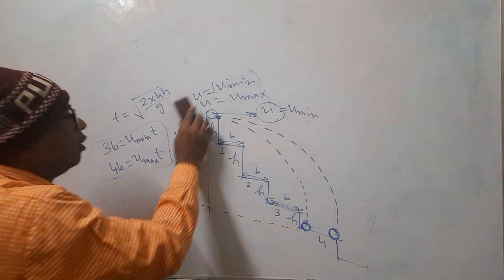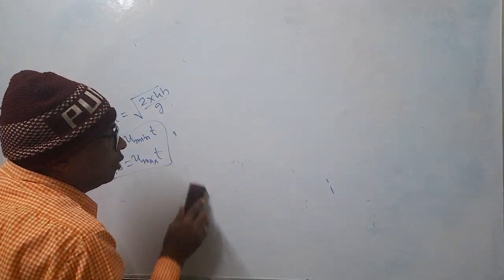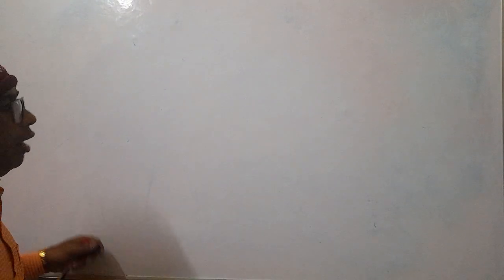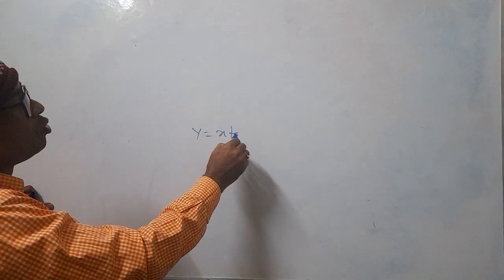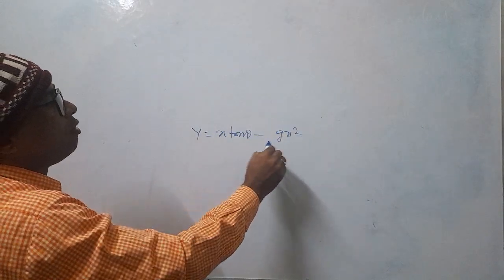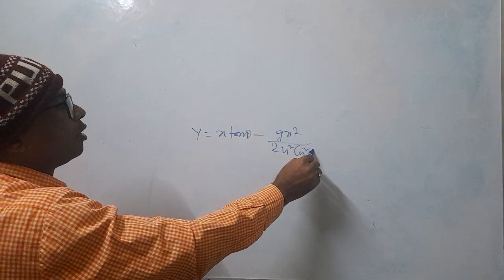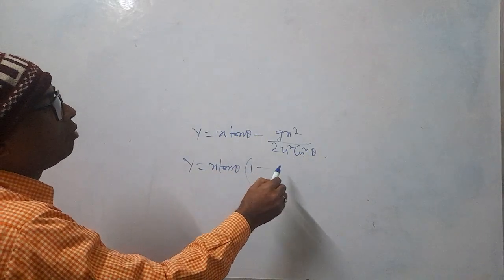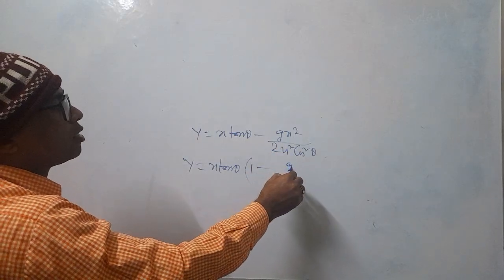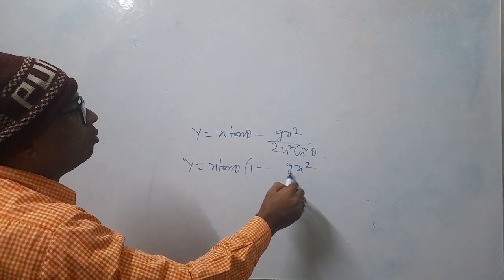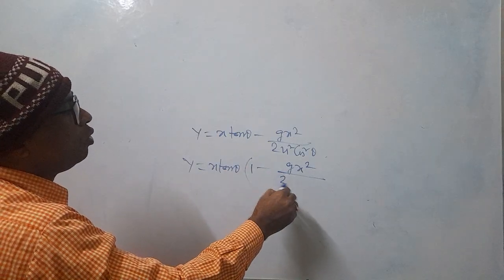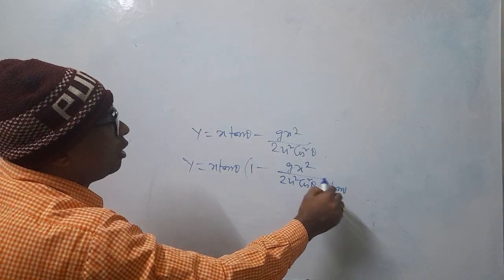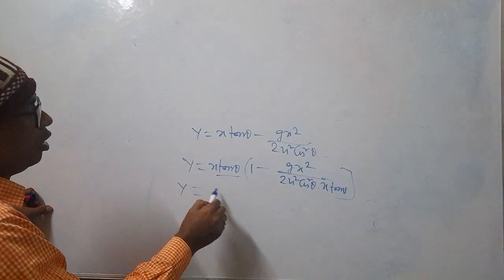Next type of problem is with respect to trajectory. Trajectory means y equals x tan theta minus gx square by 2u square cos square theta. You can write this trajectory equation by taking x tan theta common: 1 minus gx by 2u square cos square theta into tan theta, because we take it common.